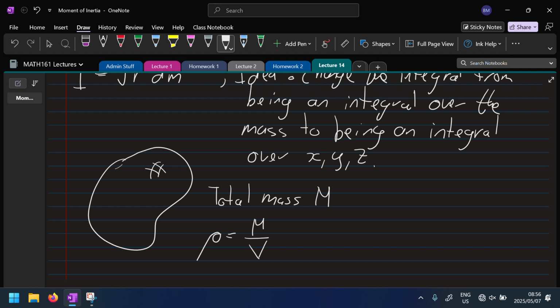You've seen this in physics, hopefully, mass over volume, that's the mass density. This is if the density is constant. So you've got a fixed mass m, a fixed volume v, you take the quotient, that gives you a constant mass density. So constant mass, constant volume.